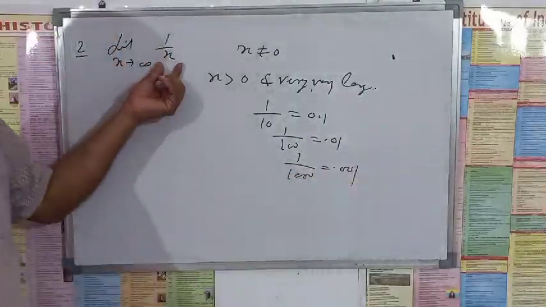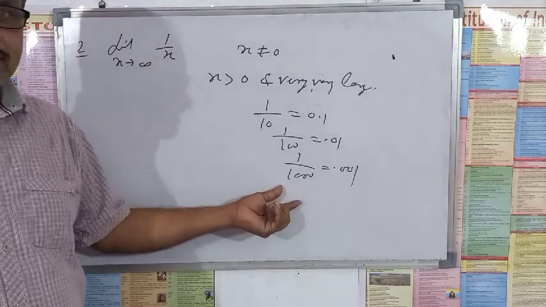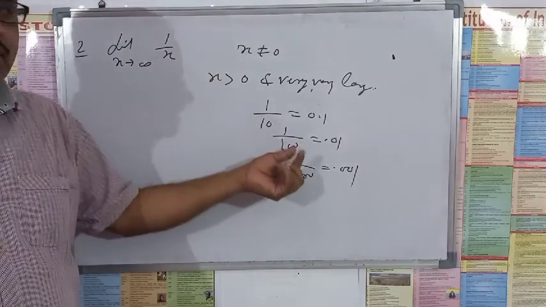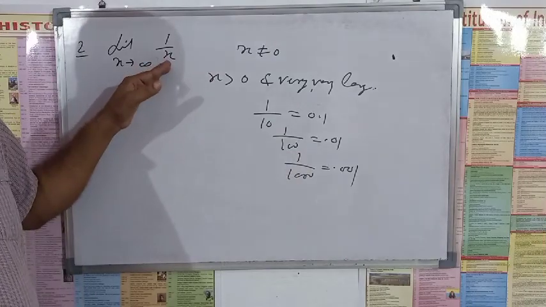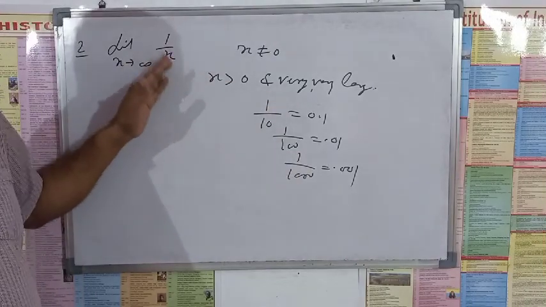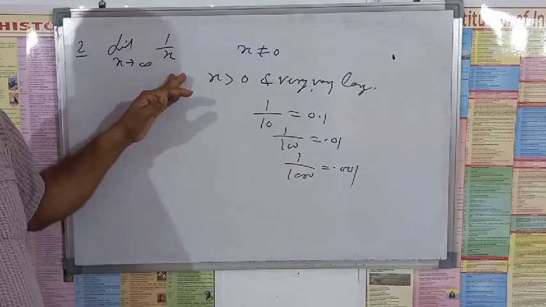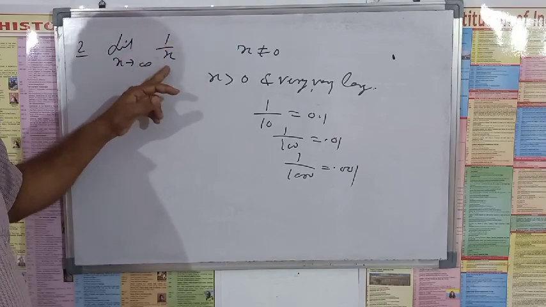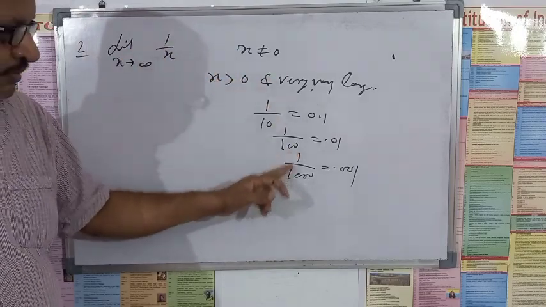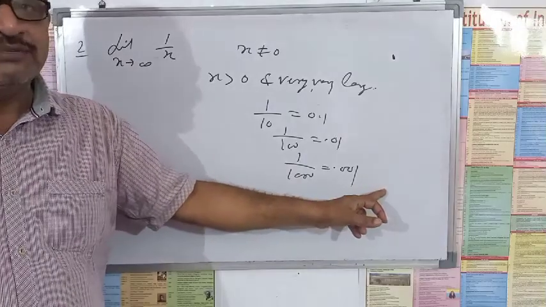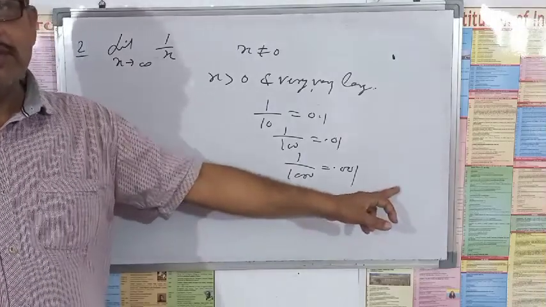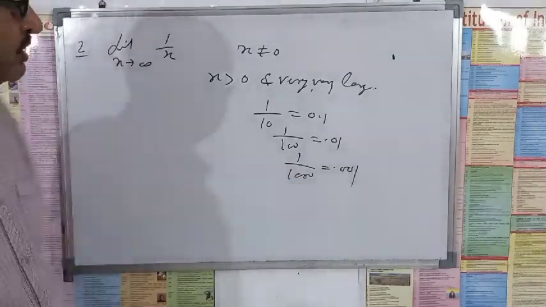So as x becomes larger, 1 by x becomes smaller. As x goes on increasing, 1 by x goes on decreasing. It means as x tends towards infinity, 1 by x will be a very, very small value, meaning near 0.